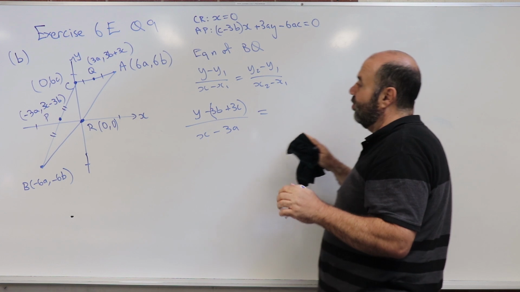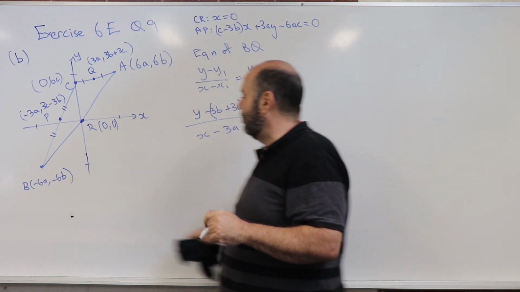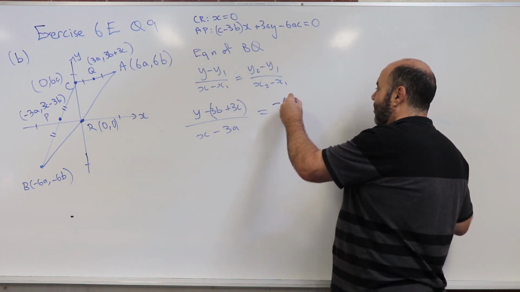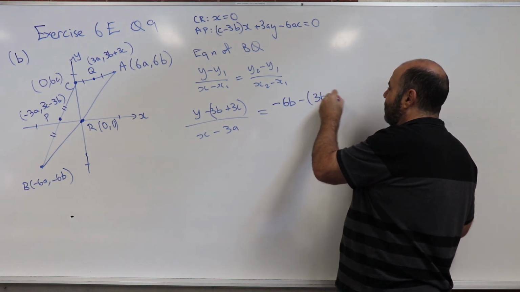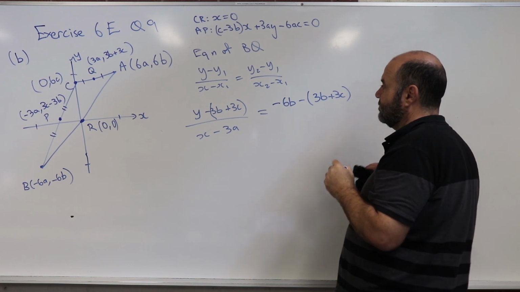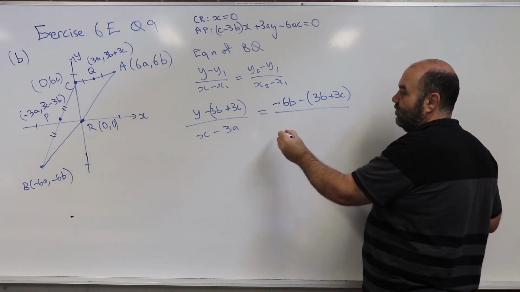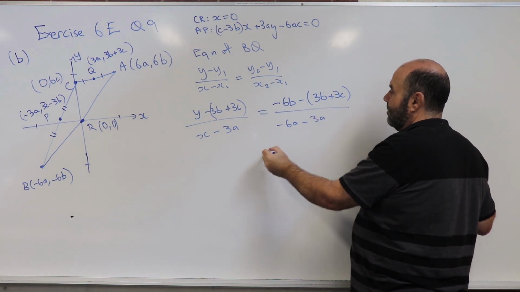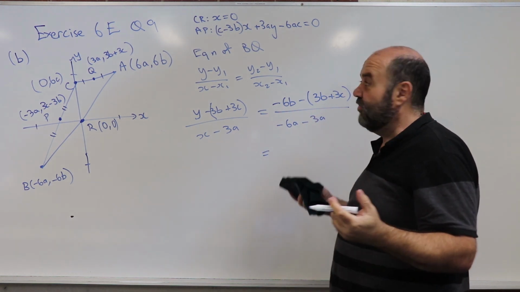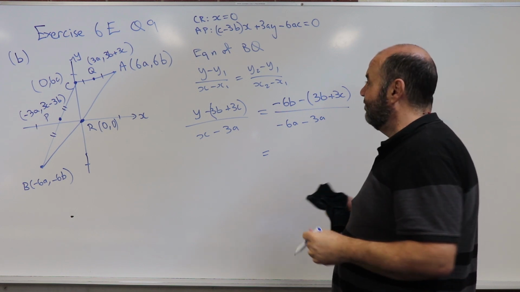On the right-hand side I've got y2, negative 6b, minus y1, again the brackets, 3b plus 3c, over x2, negative 6a, minus 3a. So let's go through the same algebraic process we did last time.